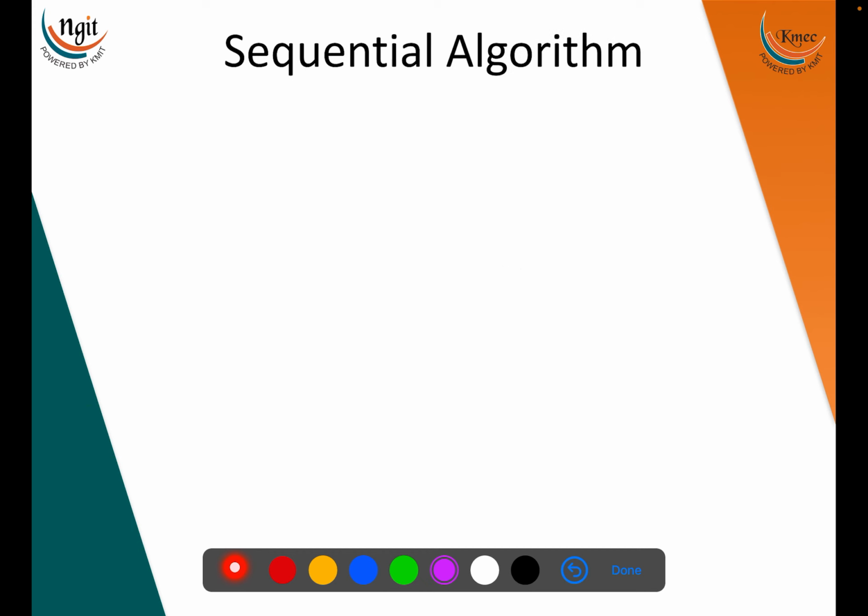Now let's talk about each. What do you mean by a sequential algorithm? It is an algorithm in which consecutive steps of instructions are executed in chronological order to solve a problem. Let's take an example. This is the problem P that I want to solve by executing it.